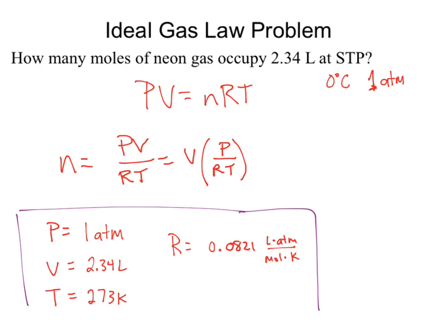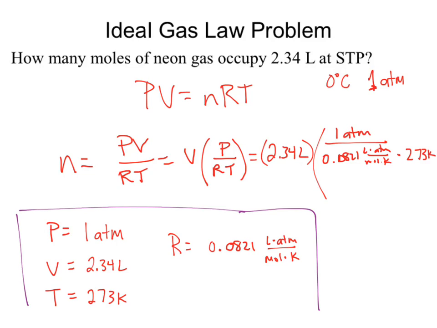You'll notice that I've rearranged that even further. Right? So this is actually 2.34 liters. Our pressure is 1 atmosphere divided by 0.0821 liters times atmospheres per mole times Kelvin times 273 Kelvin.